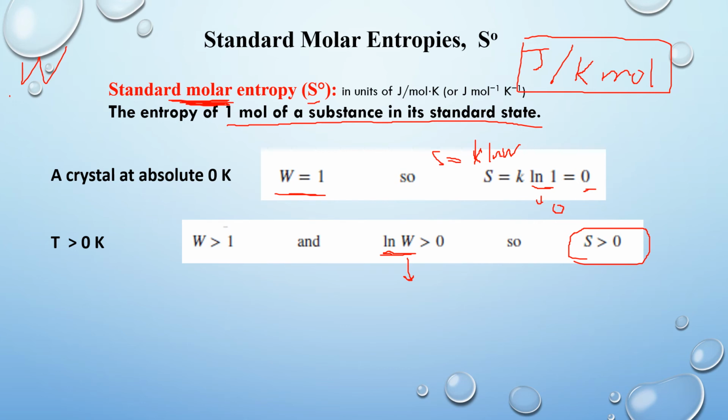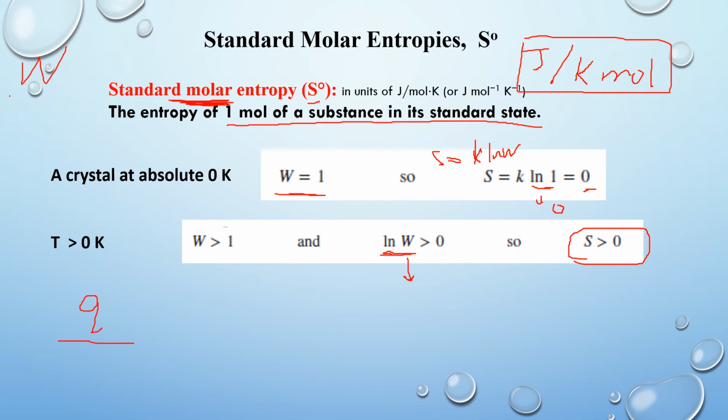To determine this, we can heat the substance from absolute zero and increase the temperature just slightly. Every time we increase the temperature little by little, we divide the energy required for that change by the temperature increment.